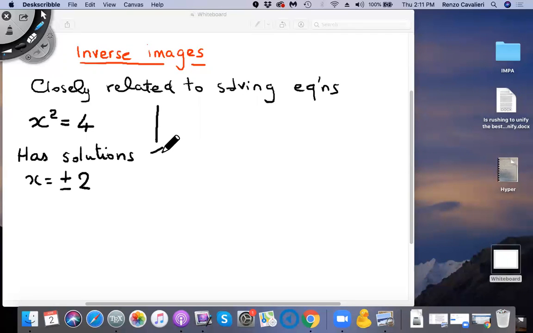Okay, but now I want to interpret what we just did in terms of functions, right? And so I want to interpret it as follows. We have a function, the function y equals x squared.